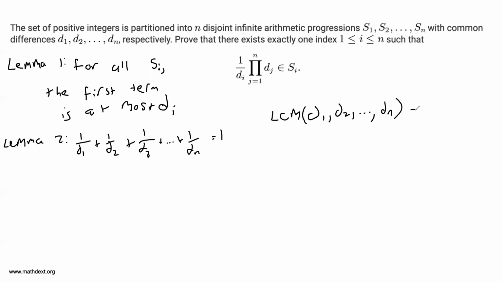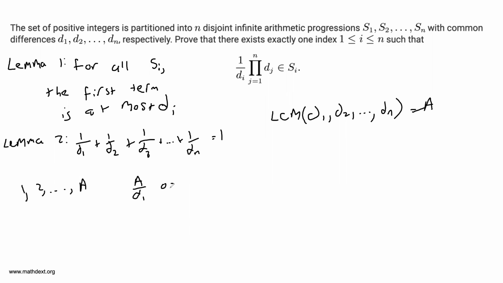We're going to call this some number a, right? And let's take a look at the positive integers 1, 2, etc., all the way up to a. Each of these is going to be in one of the sequences, right? However, exactly a over d1 of them are going to be in sequence 1.